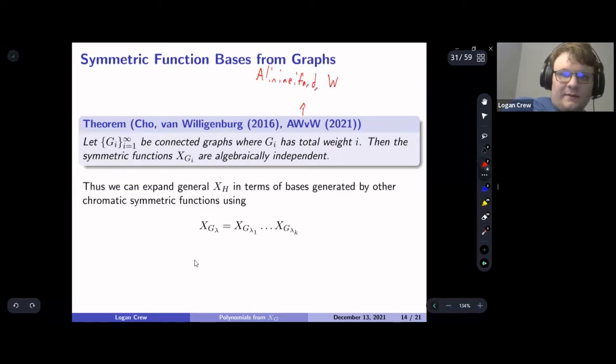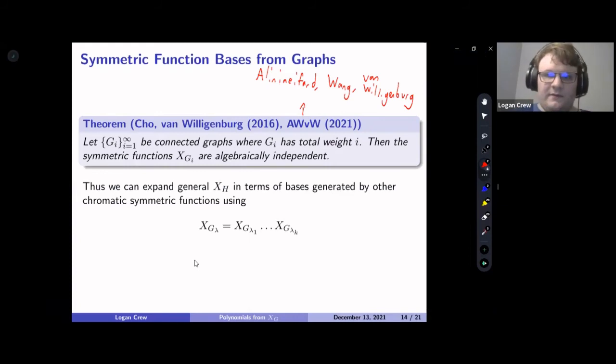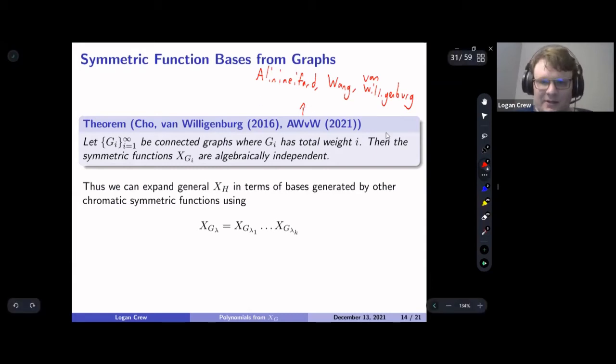This is Farid Aliniaeifard, Victor Wang, and Stephanie van Willigenburg in a recent paper from this year. And I will be notating this triplet of names as AWVW so that it fits in the theorem heading. And so Cho and van Willigenburg showed this theorem for unweighted graphs, and then it was generalized to weighted graphs by Aliniaeifard, Wang, and van Willigenburg.